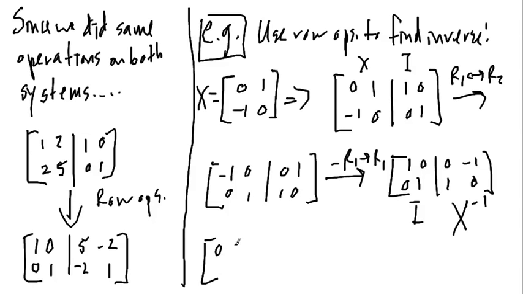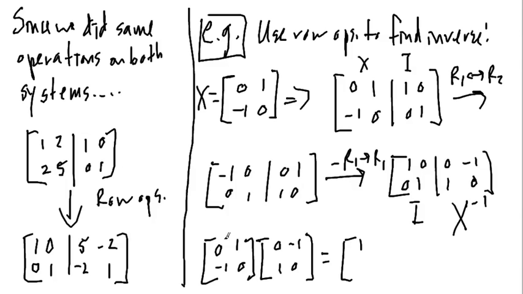And let's just go ahead and check that this is indeed the inverse. The first row times the first column is 0 times 0 plus 1 times 1. Great. The first row times the second column is 0 times negative 1 plus 1 times 0. That's 0.